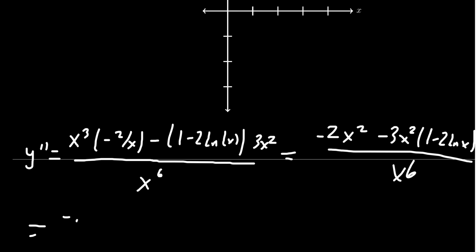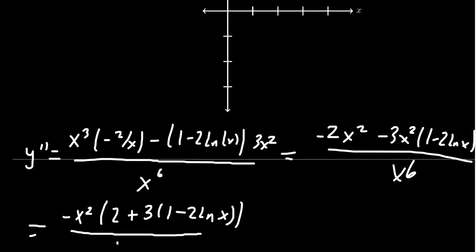Whoops, sorry about that. And then that leaves behind, what do we got? A 2 plus 3 times 1 minus 2 natural log of x. And this sits above the denominator, which is x to the 6th.